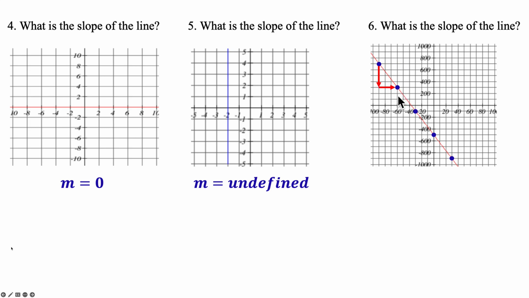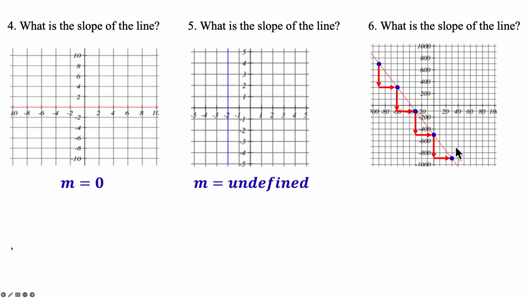And if you double check, down 4, right 3. The slope is not -4/3 because notice that the x-axis is counting by 10, 20, they're counting by tens, while the y-axis is counting by hundreds. So you can't count squares.